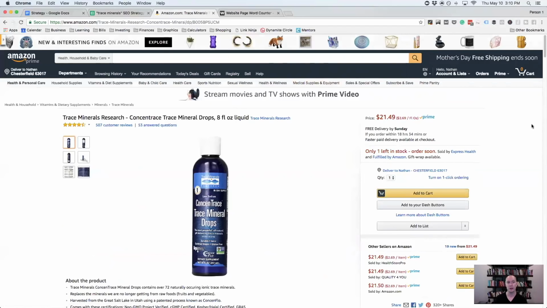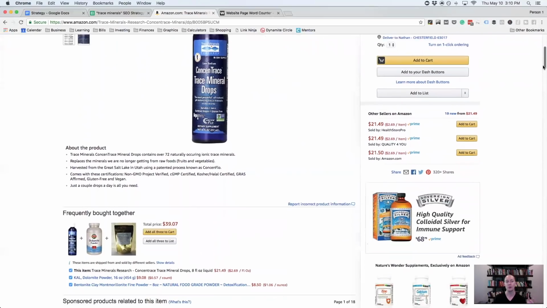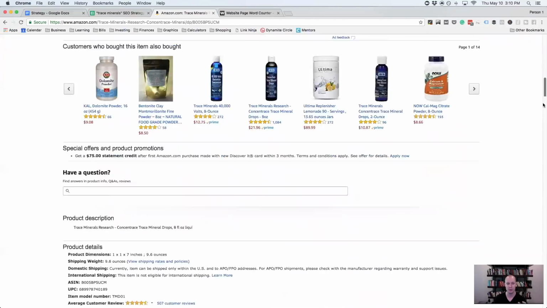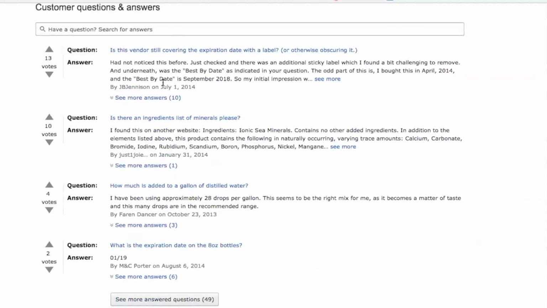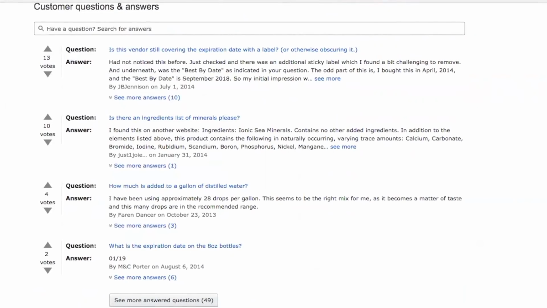So now the third competitor is Amazon. I don't normally do deep analysis of Amazon because clearly they're ranking because of how authoritative they are. But the one thing I recommend you do when there is an Amazon result is go to the reviews and also go to the common questions and answers, because you can find all kinds of topics that you can cover in your content asset right here.